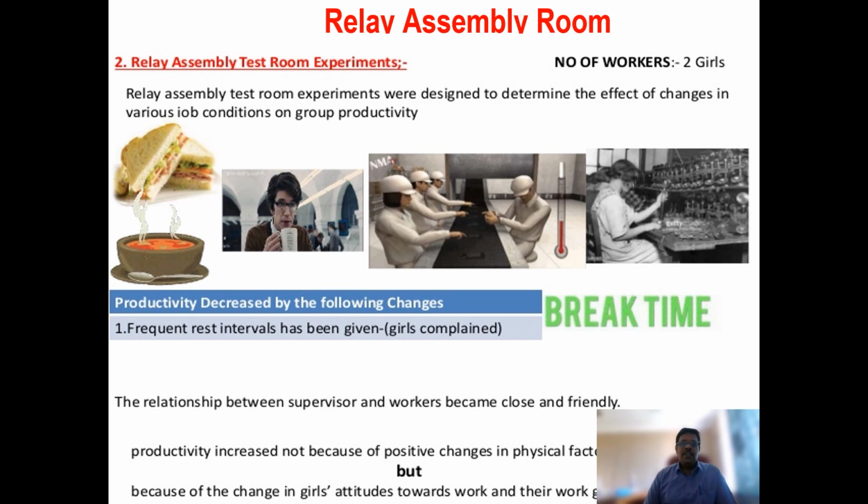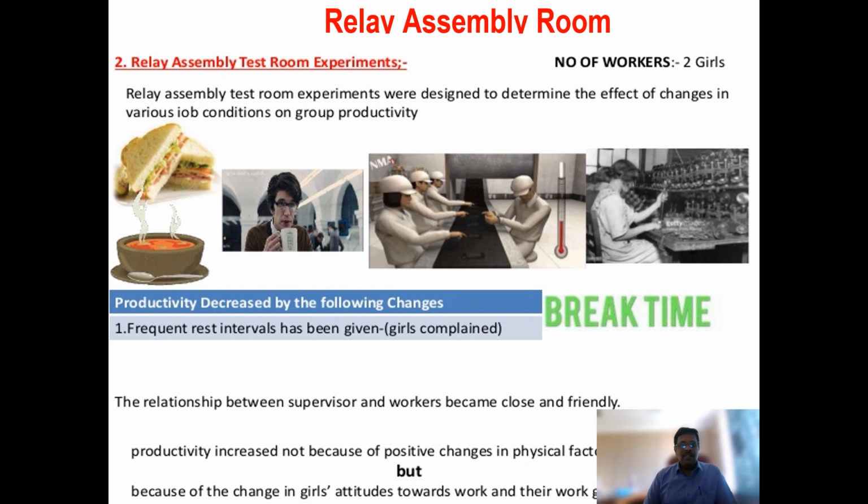The relay assembly test room experiments were designed to determine the effect of changes in various job conditions on group productivity. You have seen the various pictures showing whether they needed break time during work.